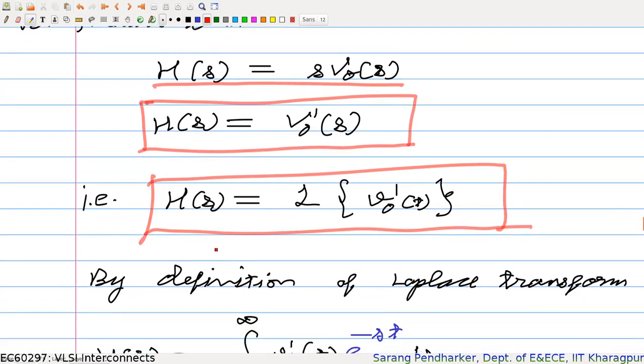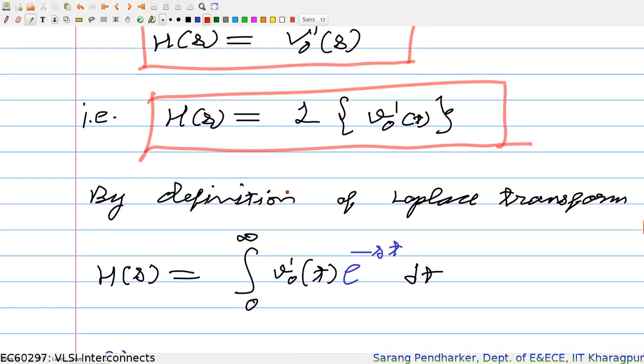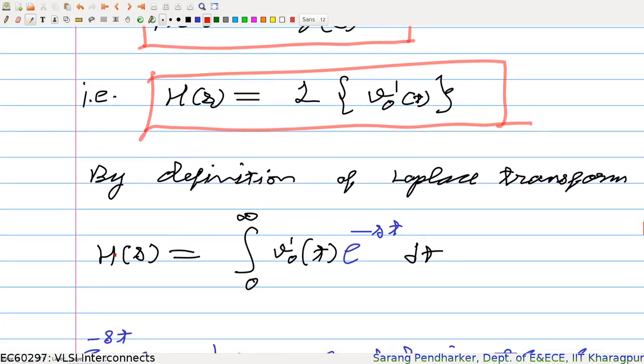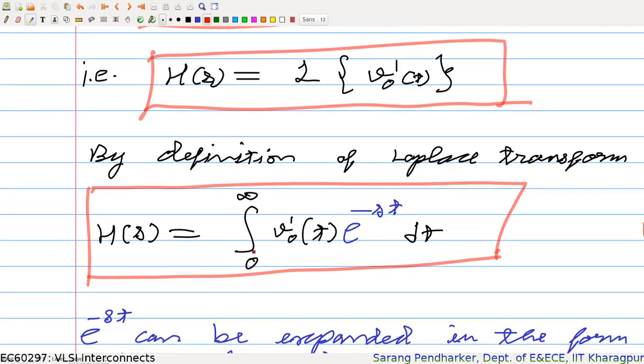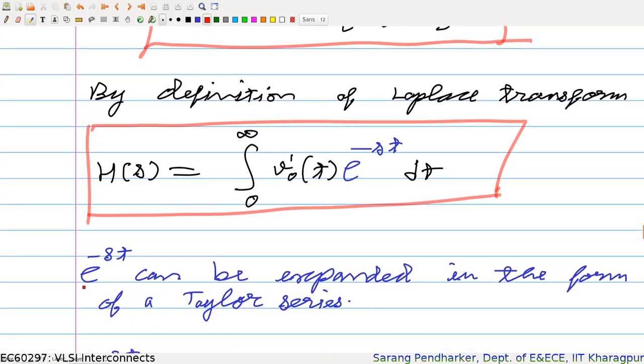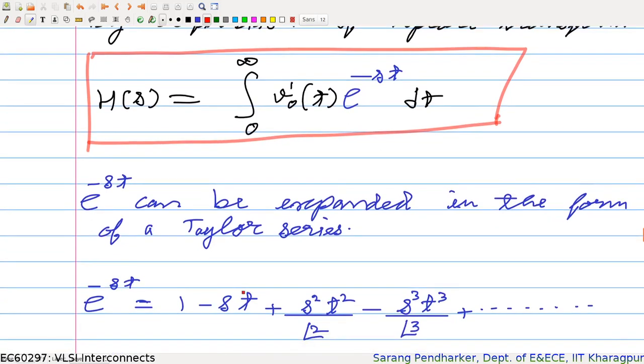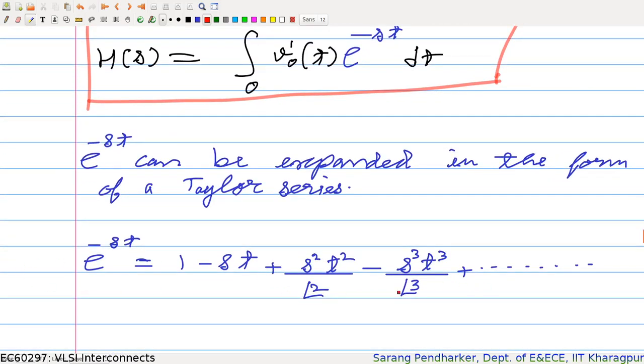Now by definition, if you look at the definition of Laplace transform, how do I compute the Laplace transform? I solve this integral, right? So this is my basic starting definition of my Laplace transform. So I have this integral going from 0 to infinity, V out prime t into e to the power minus st dt. I can expand e to the power minus st in the form of a Taylor series, and this would be my expansion.